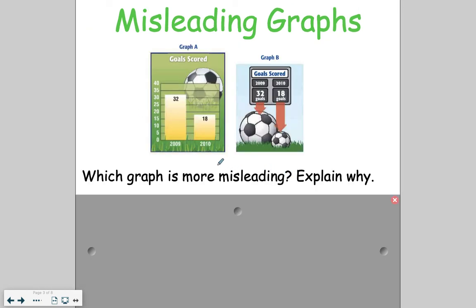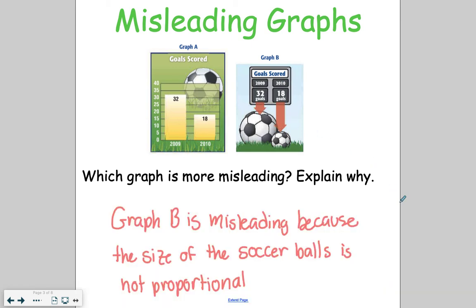So now I want you to look and decide which graph is more misleading, graph A or graph B, and then explain your answer. In this case, graph B is more misleading, once again, because of the size. They give you the same information. The bars are very accurate as to the different pieces of information, but the size of the soccer ball makes it seem like we could fit at least 3 of these smaller ones inside of the bigger one, and that is not the case.